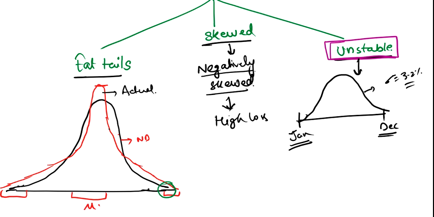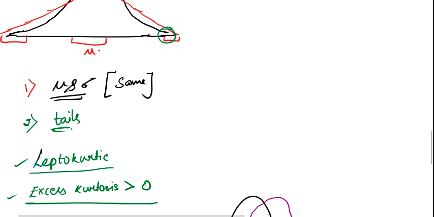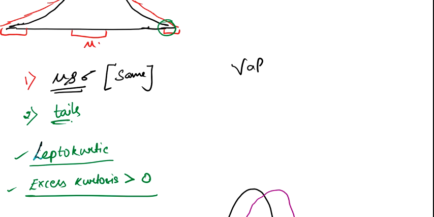So means what? In reality the parameters of the normal distribution are not constant, they are actually changing. So if you are assuming that your volatility is constant, how do you calculate VAR? I calculate VAR as mu minus z into sigma. Now if you are using constant mu and constant sigma, you are doing wrong with the VAR, because in reality your volatility cannot be constant, your volatility is actually changing.